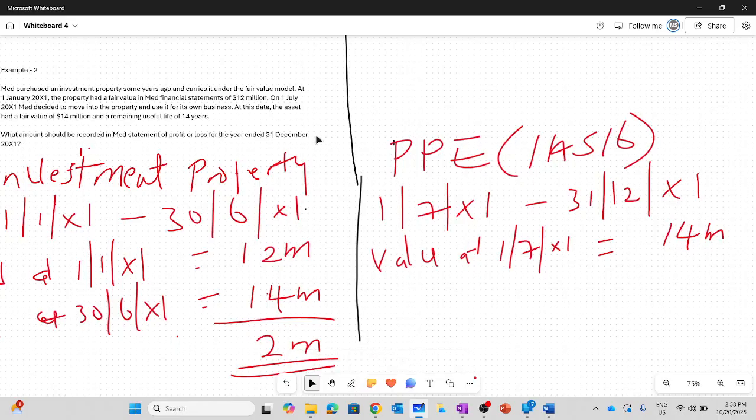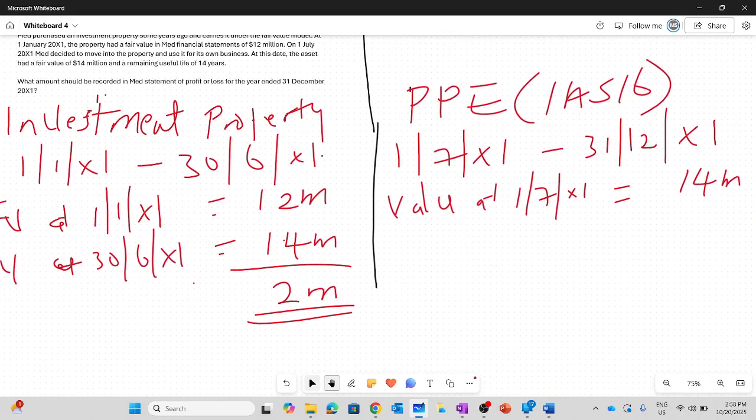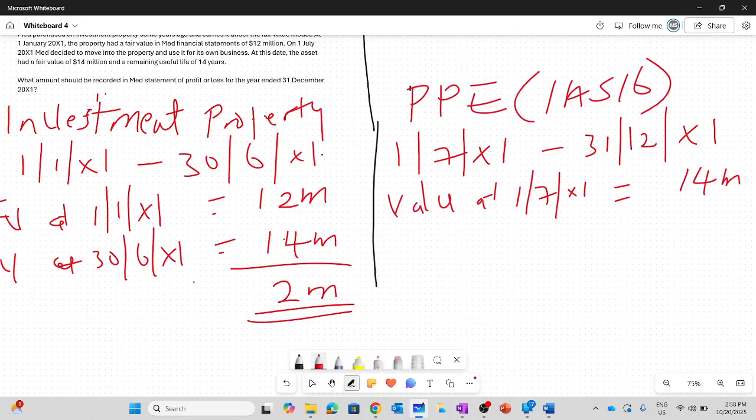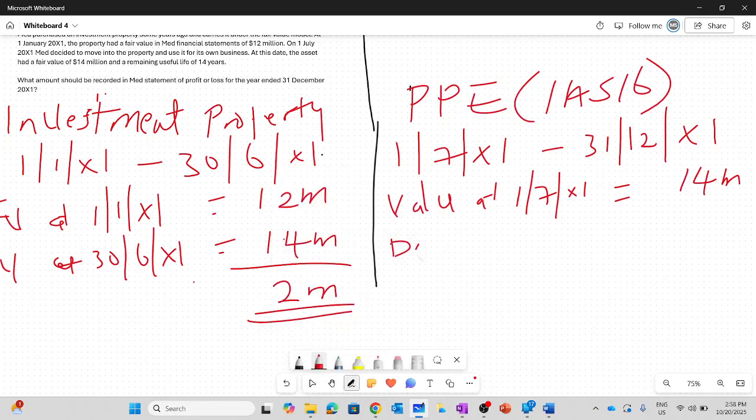So now we calculate our depreciation. Depreciation for 6 months. The value of the asset is 14 million. The useful life of the asset is 14 years.